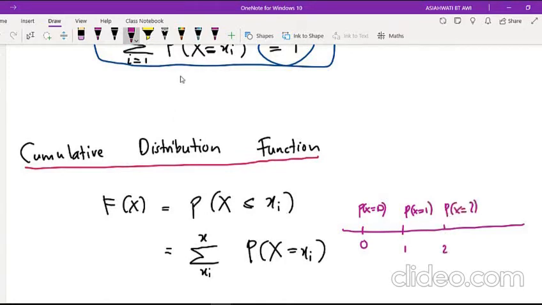For cumulative, we add it all: this one plus this one plus this one, until, let's say, F of 3. We call this the cumulative distribution function. It adds all the probability from the left up to x.